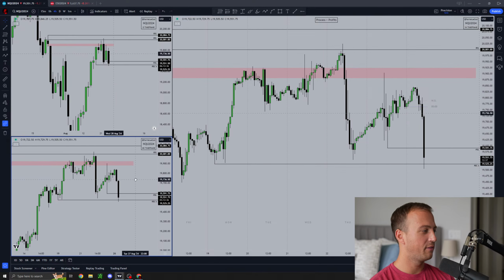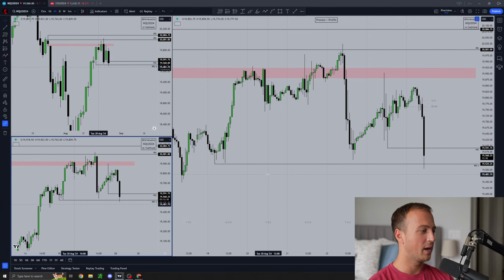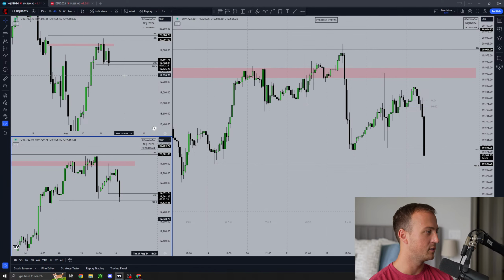So if you're struggling to figure out what's a market structure shift and what's not, try and implement that. Obviously, you want to do your top-down analysis, but combine that with looking for that market structure shift on your middle time frame or higher before entering on your lower time frame.